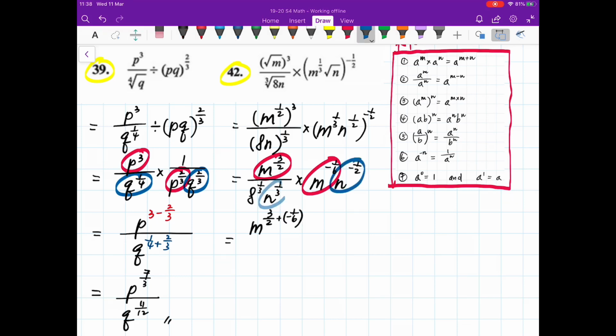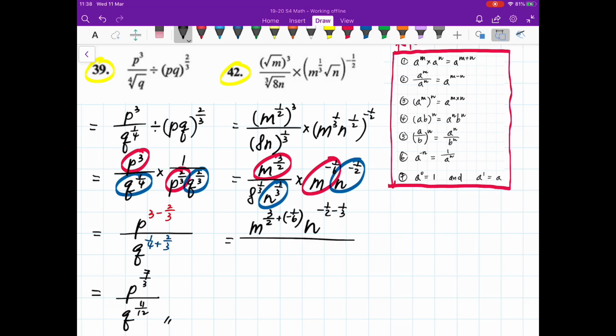As for n, n to the power negative 1 over 2 is at the top, and n to the power 1 over 3 is at the bottom. So that means we are using the top minus the bottom. Then we have n to the power negative 1 over 2 minus 1 over 3.